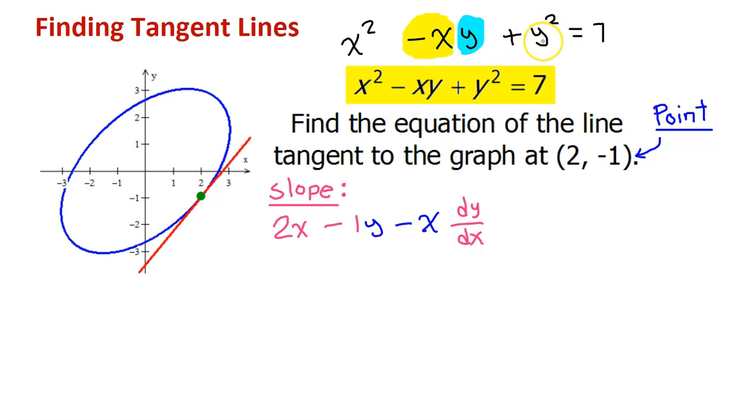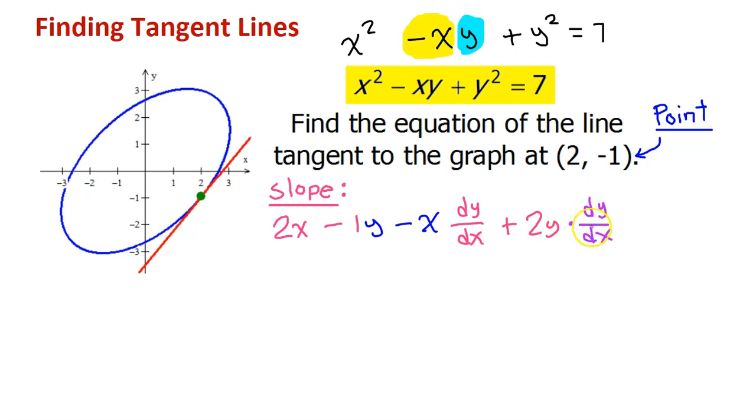Moving on to the last term, first we take the derivative of the outer function, so we get 2y. But then we multiply by the derivative of the inner function. This is the inner function, and the derivative of y with respect to x is dy/dx.